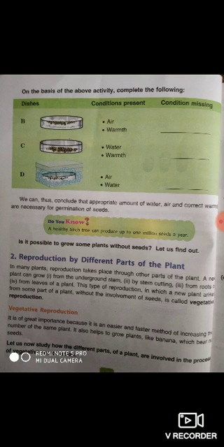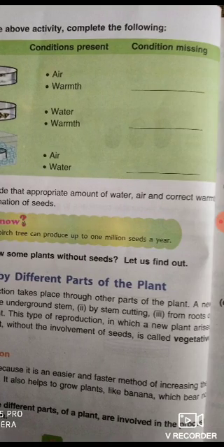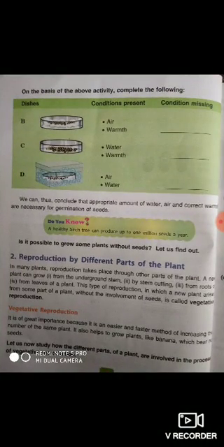Here air and water, and the missing thing is temperature. So we will complete the table with the missing condition. What will you write here? The three conditions which are very essential for the germination of seeds are air, water, and appropriate temperature. I hope now you can understand each and everything.